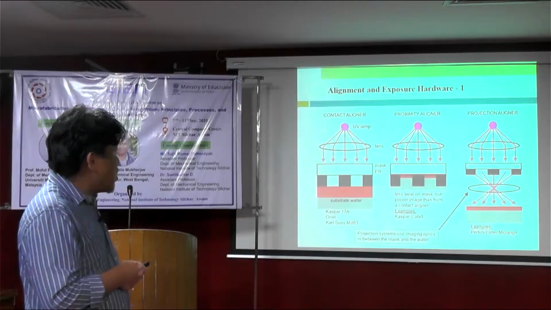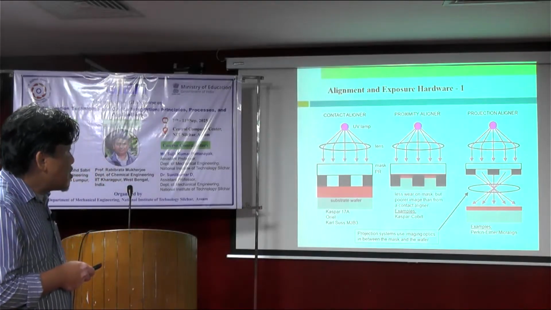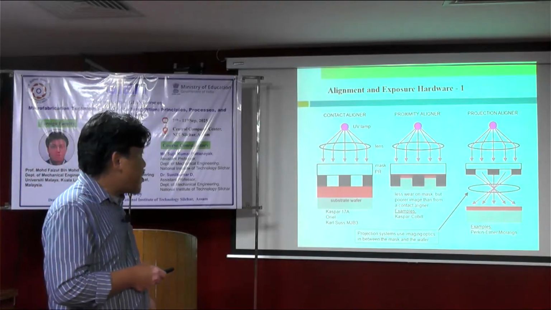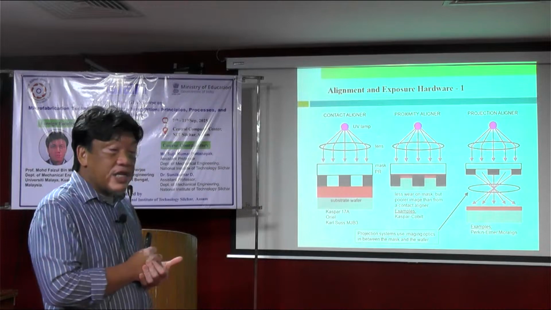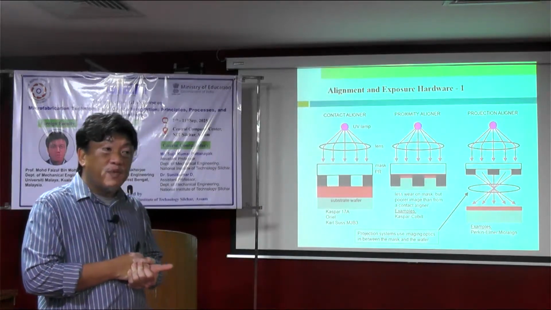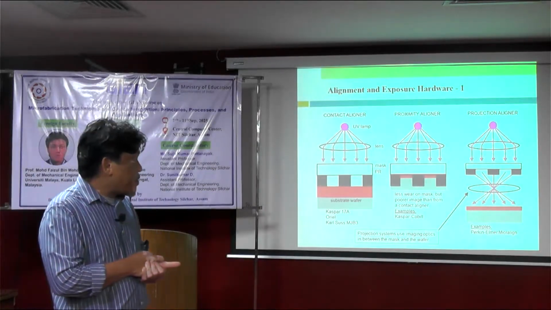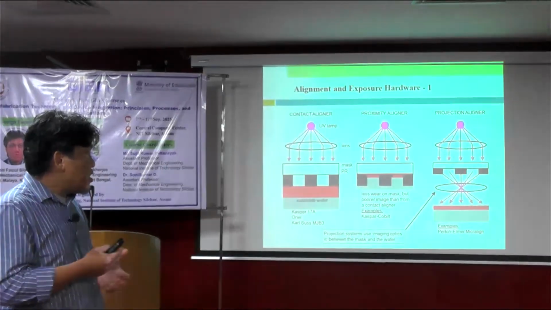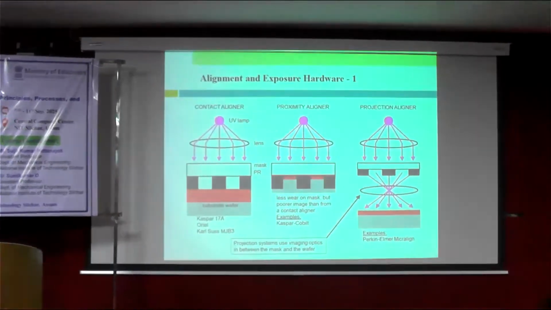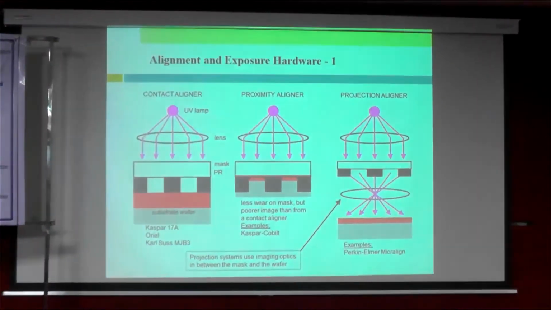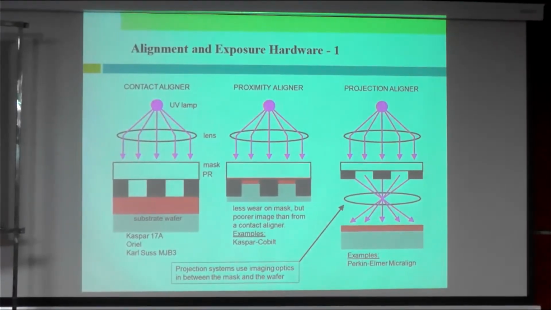So now the contact aligner. First, maybe it's not that critical to align the positioning, but if it's about the second or third process for the development of the structure, you have to be careful with the alignment.